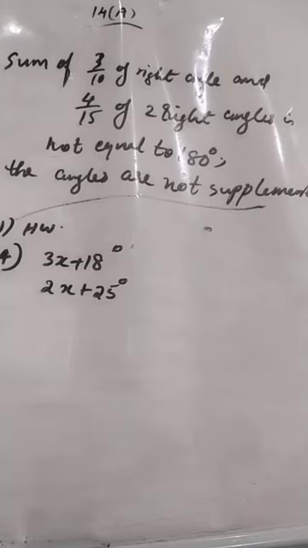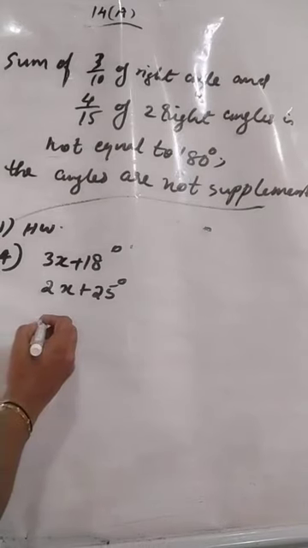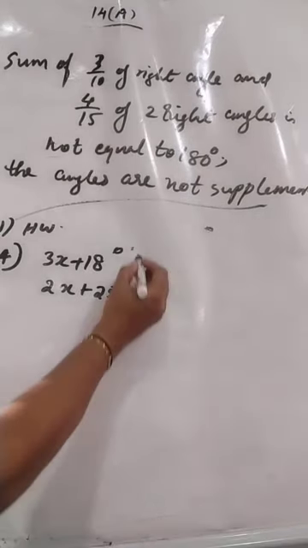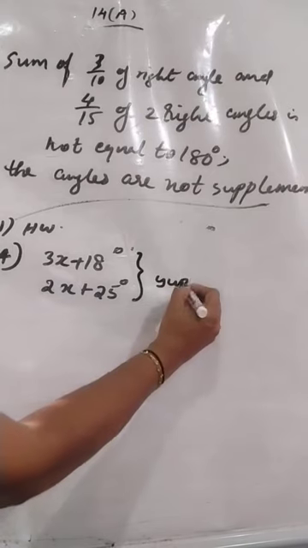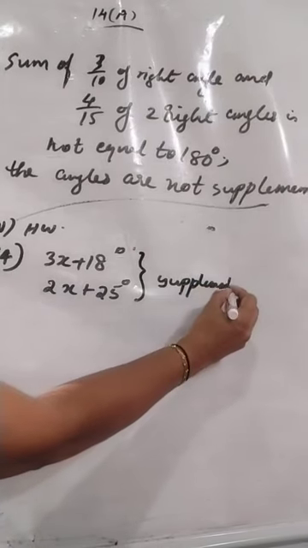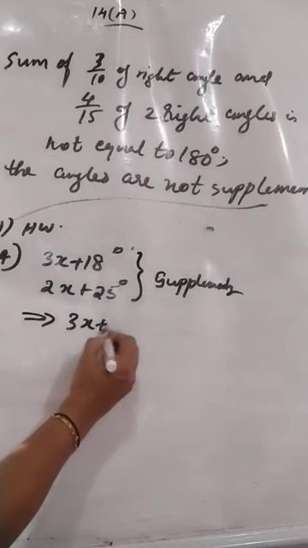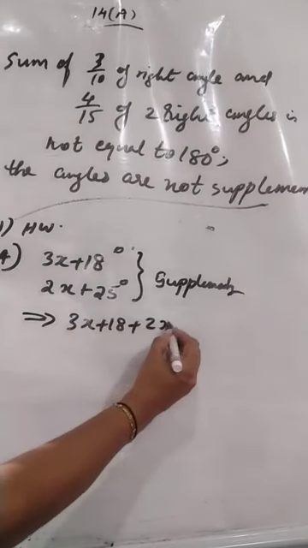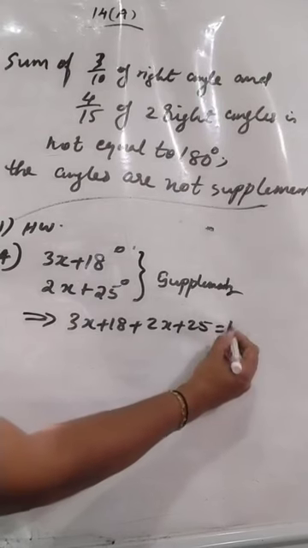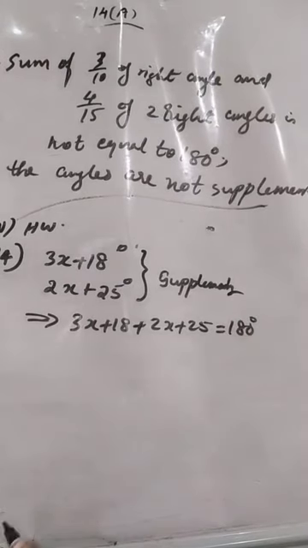What is the meaning? Yes, their sum is equal to 180 degree. Since the angles are supplementary, which means sum, that is 3x plus 18 plus 2x plus 25 gives the sum 180 degree. Okay, you should know the sum of supplementary angles.